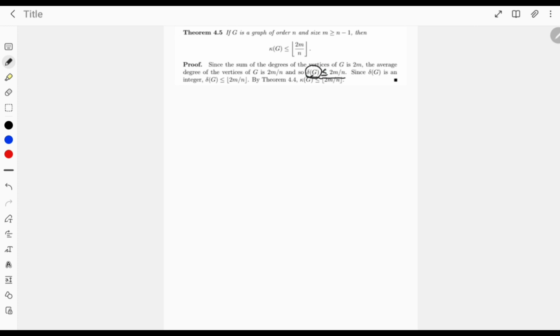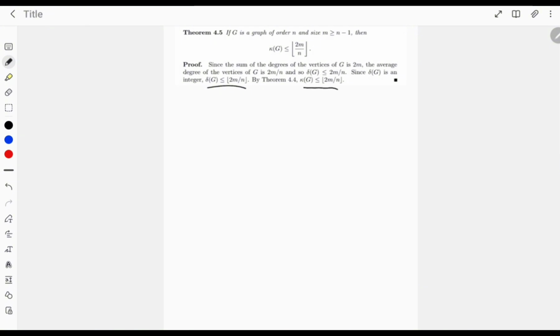So this is always true because the minimum degree can't be greater than the average degree, given that it's a minimum. Here, since the floor of 2m over n is an integer, then this one holds by theorem 4.4.